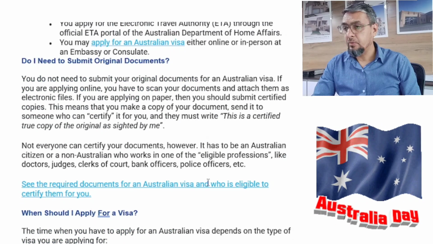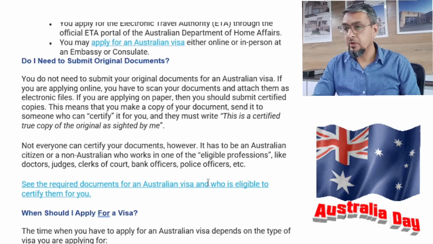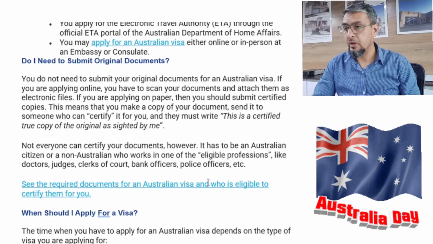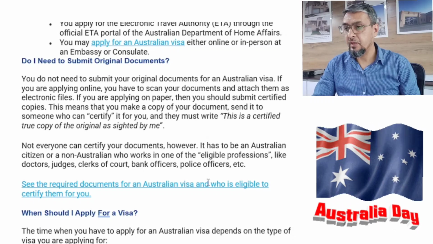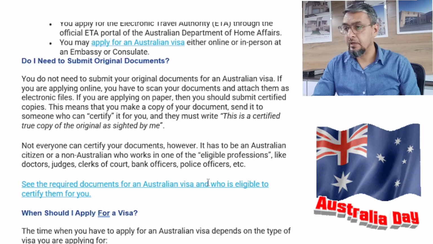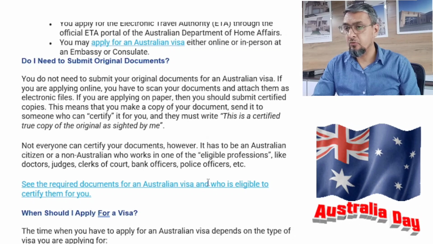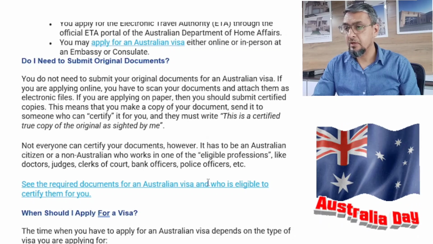Do I need to submit the original documents? You do not need to submit your original documents for an Australian visa. If you are applying online, you have to scan your documents and attach them as electronic files. If you are applying on paper, then you should submit certified copies.